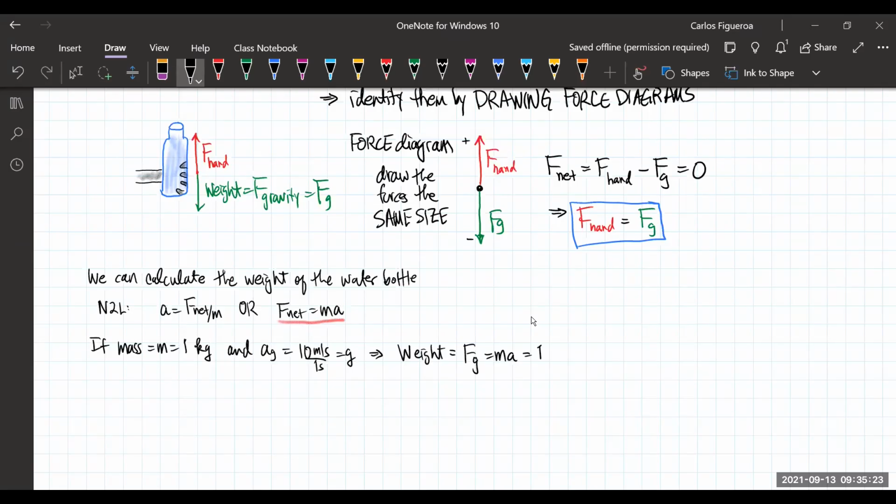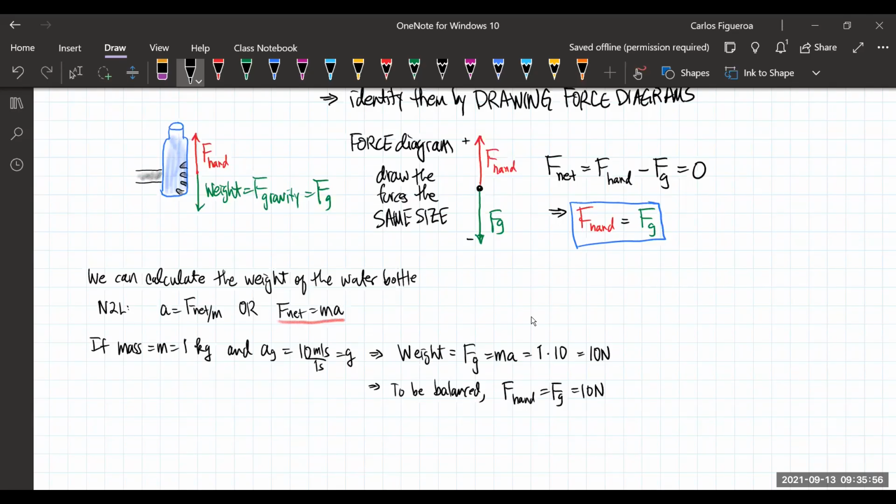But the mass is 1 and the acceleration due to gravity is 10. So the water bottle weighs 10 newtons. So this tells me that to be balanced, the force of the hand, which is of course the force of gravity, means that my hand has to apply a 10 Newton force.